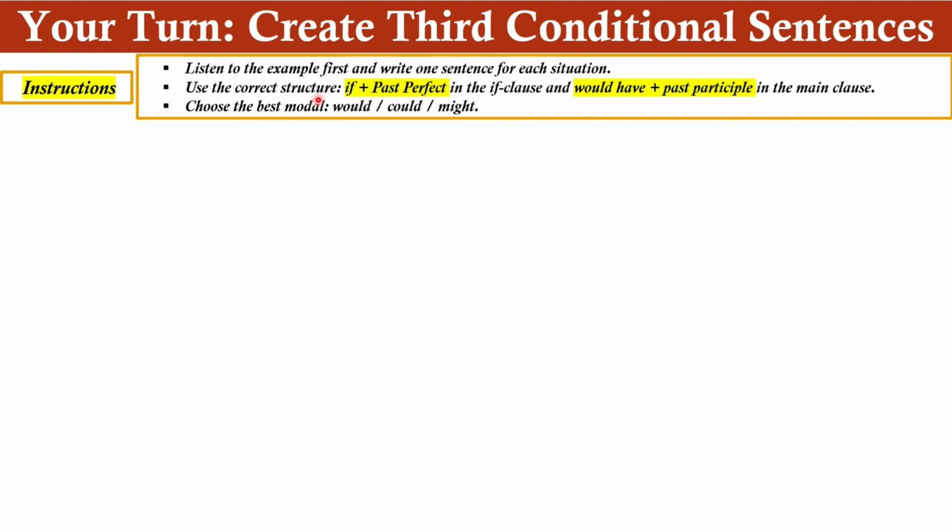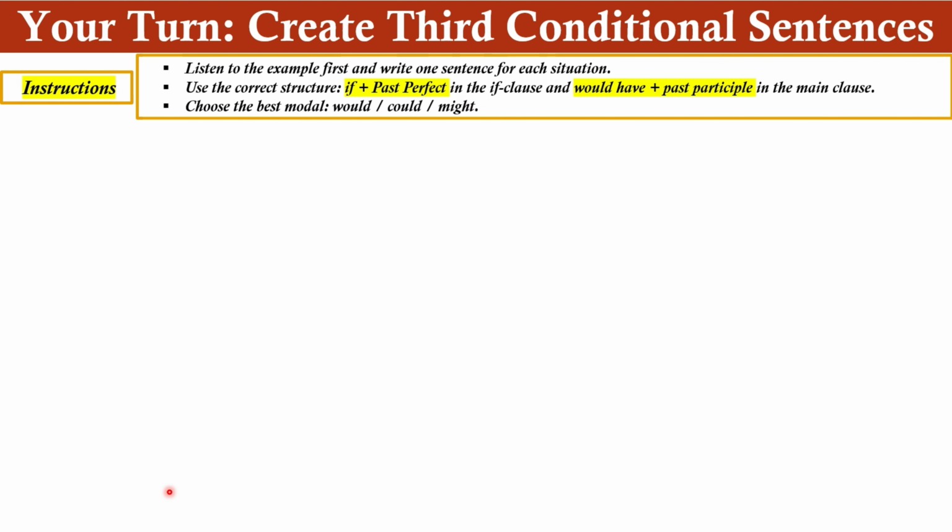Use the correct structure: if plus past perfect in the if clause and would have plus past participle in the main clause. Based on the meaning that you want to convey, you can also use other modal verbs such as could or might instead of would.